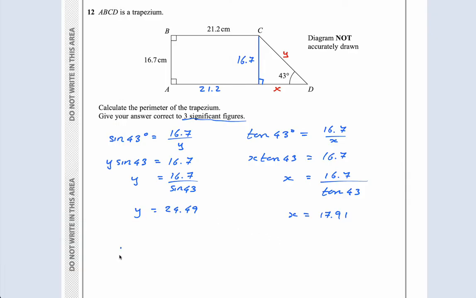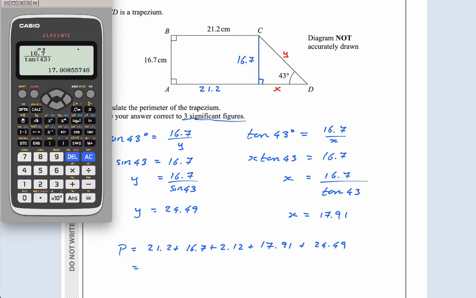So then the perimeter P is equal to 21.2 plus 16.7, plus 21.2, plus x, which is 17.91, plus y, which is 24.49. And hopefully, guys, this will give me the right answer.